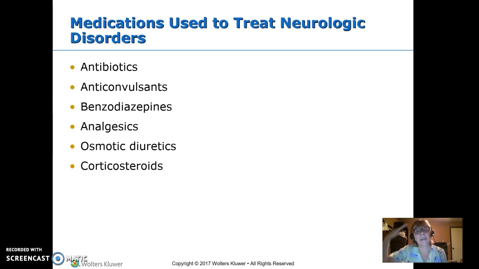Sometimes we're using them to sedate someone to lower the metabolic demand of the brain if we're having trouble perfusing the brain because of cerebral edema. Analgesics. If you have a head trauma or increased intracranial pressure, it hurts.